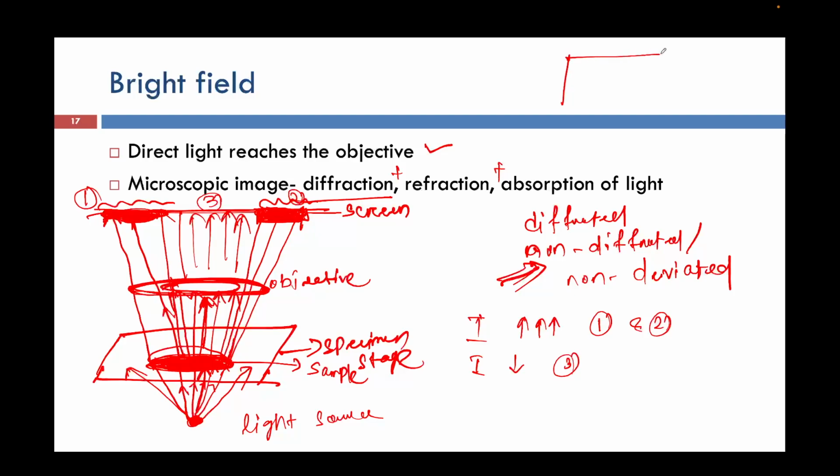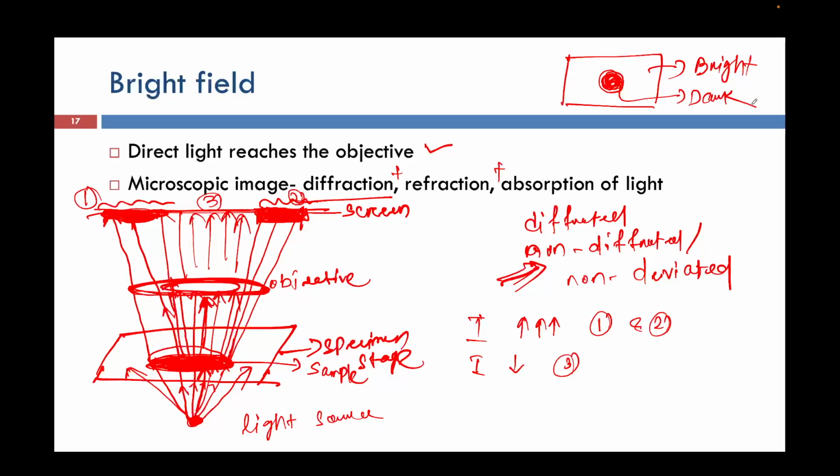In a bright field, the background is always bright, because the background consists of the non-diffracted rays, and my sample, which I am seeing, will always be dark.